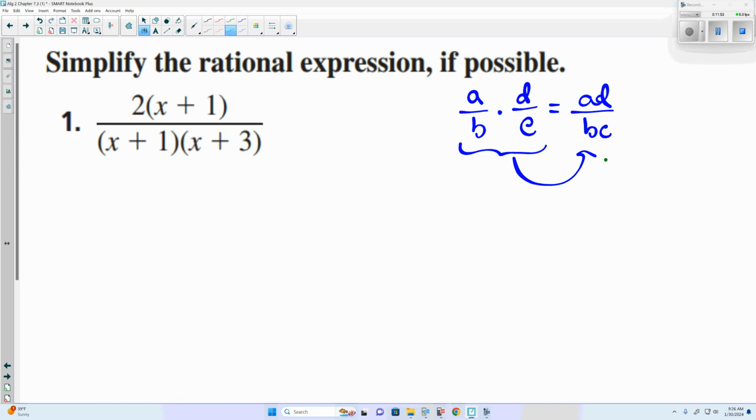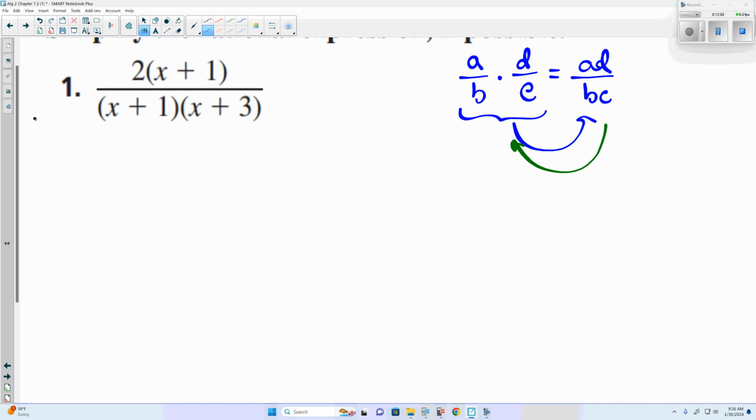But there's nothing saying that we can't go the other way. And specifically, I'm going to take this apart in one simple way. I'm going to pull out what's in common, because what's in common that we had on top and bottom was our x plus 1 and x plus 1.